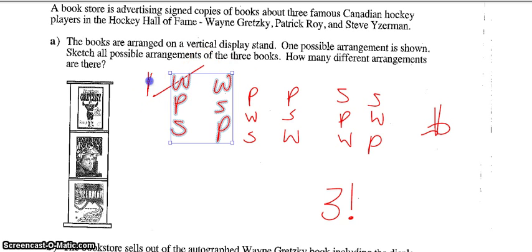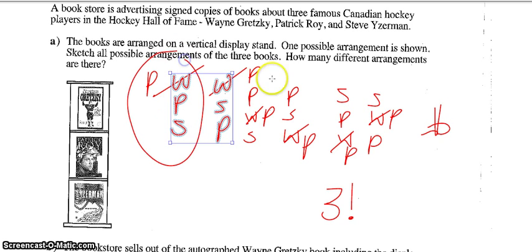This one turned into Patrick, this one turned into Patrick. Do we still have 6 unique arrangements? We don't, because it used to be WPS and PWS, but now it's PPS, PPS, and PPS. It's the same.